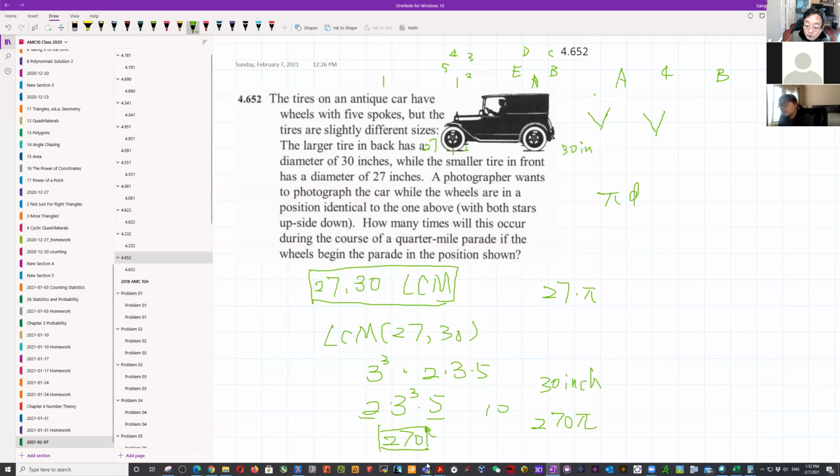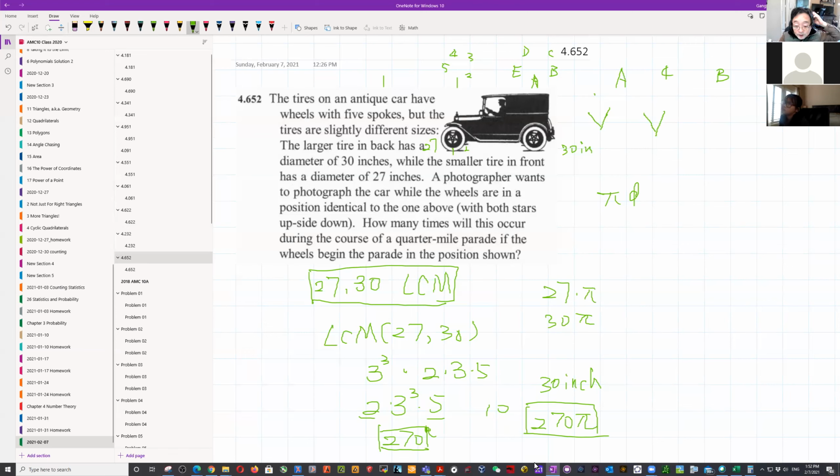And the complete circle of the back wheel is 30 pi. So basically, the common cycle is 270 pi. With each 270 pi distance, the front wheel will travel 10 complete circles and the back wheel travels 9 complete circles. They both return to the original position.